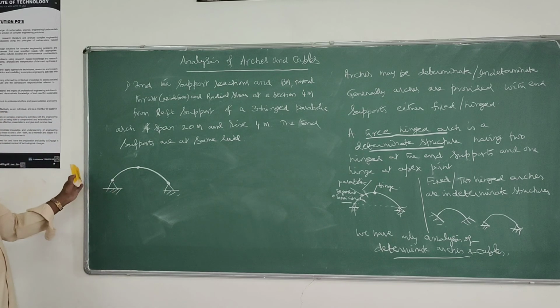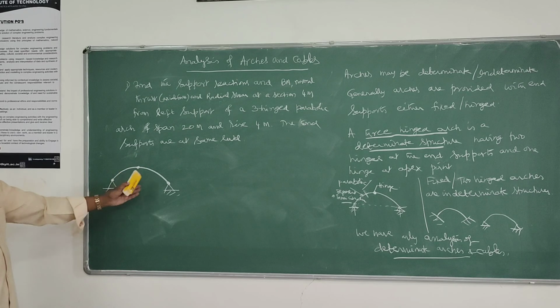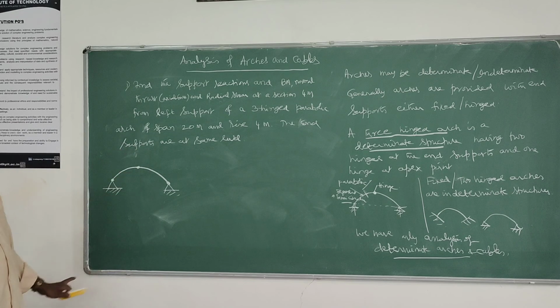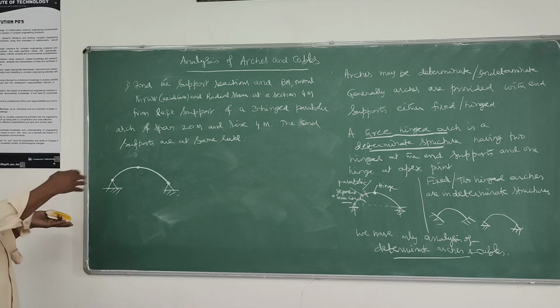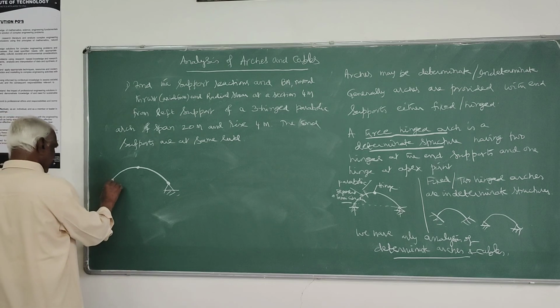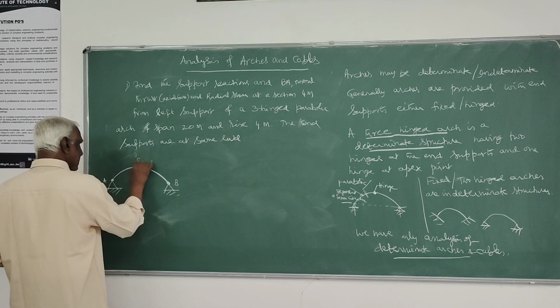So in the case of arches having support at same level, the apex will be exactly at the center. If they are at different level, apex point may be at any point, depending upon where we provide. So the given data, you call it as A, B, C.